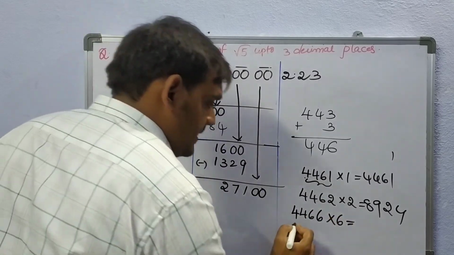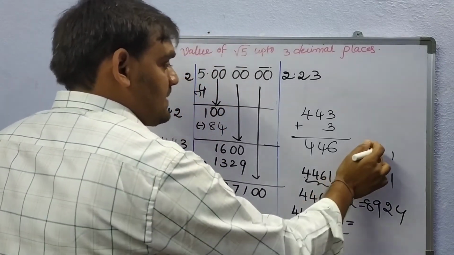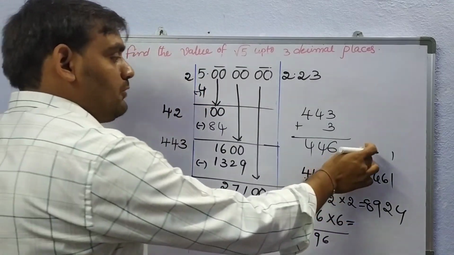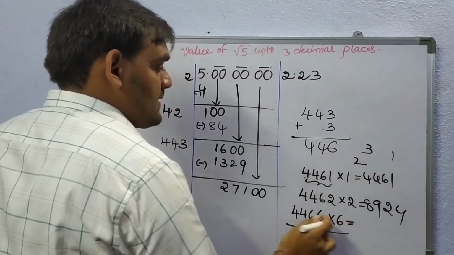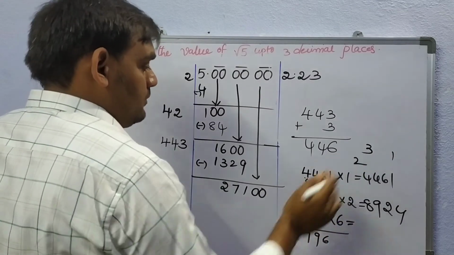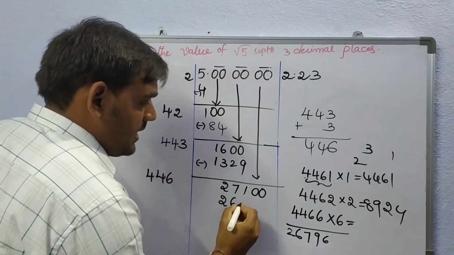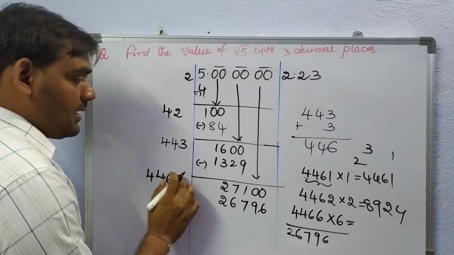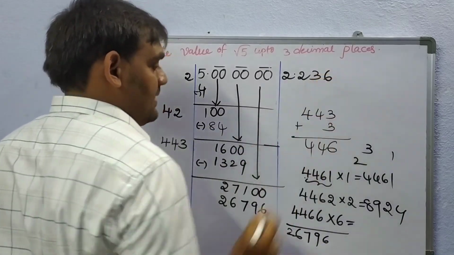Now 6 6s are 36. 6 3s are 18... 6 6s are 36 plus 3, 39. 6 4s are 24. 24 plus 3, 27. 6 4s are 24. 24 plus 2, 26. So here we must write 26,796. Next, what did I write beside 446? 6. So you must write here 6.